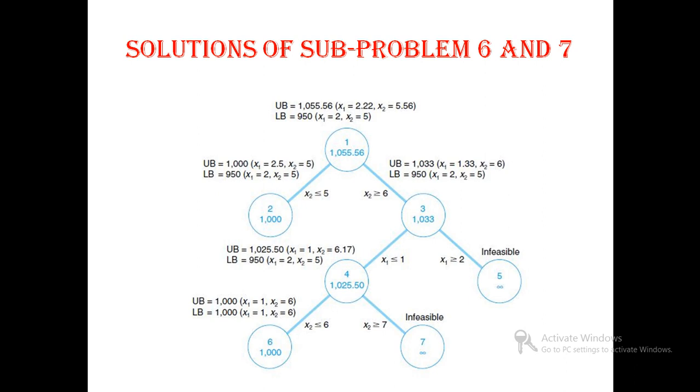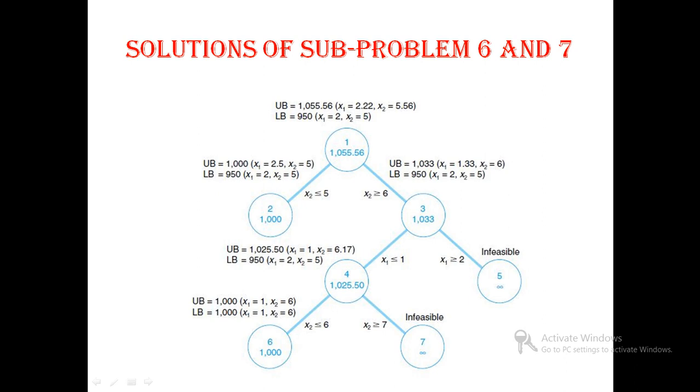Here there is no scope to take a branch because it is already integer. Here there is scope of taking a branch, but as you can see, the objective function value is 1000 here and also 1000 here, so it will never go beyond 1000. You can check it.